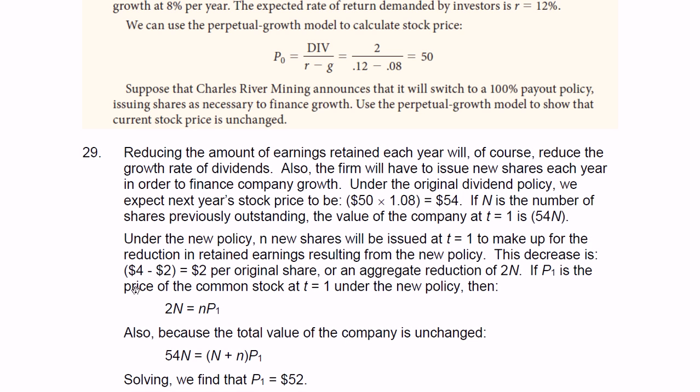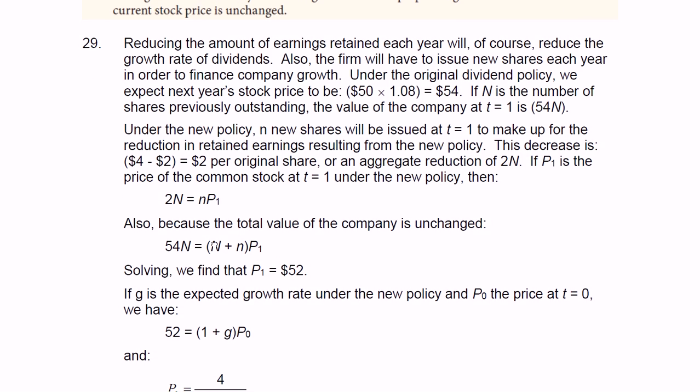So if P1 is the price of the common stock at t equals 1 under the new policy, then the company would issue n new shares to finance the 2N reduction in retained earnings. So we must have the following equation. This is the new issuance to finance its growth, and this is the reduction in earnings. So it has to issue new stocks to compensate for the gap.